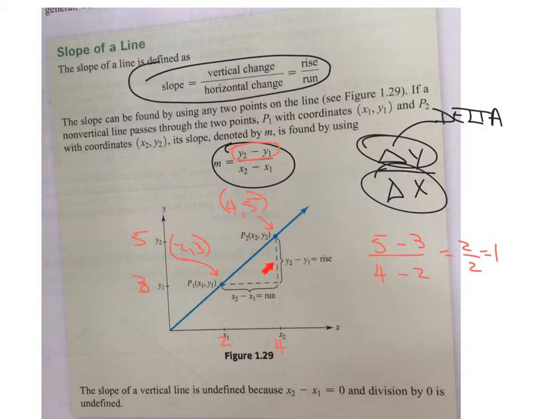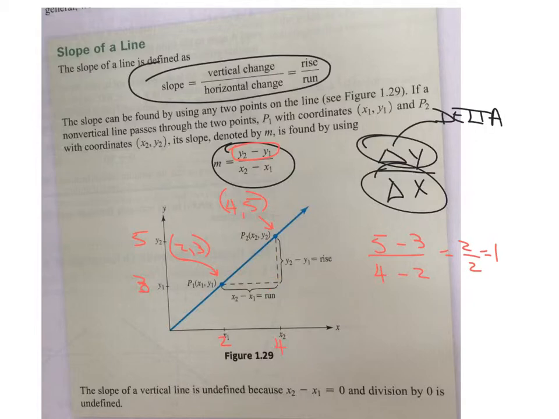The difference is this height right here, which is the rise, y2 minus y1, over this length right here, which is the run. It's not the total distance from the origin clear over here. It is the difference between these 2 points. So between 2 and 4, the difference is 2. The difference between 3 and 5 is 2. So that's where they get that.